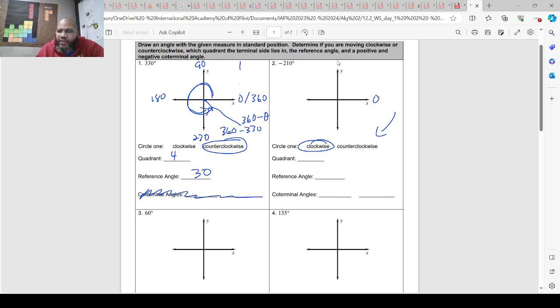Instead of going that way, because that's the positive direction, I'm going in this way. So this is 90. This is 180. This is 270. So I start right here.